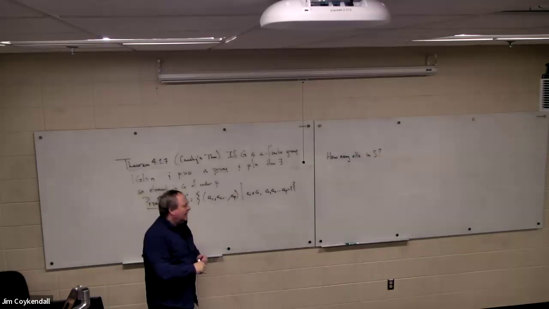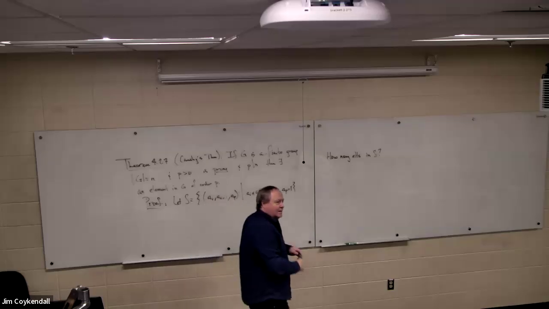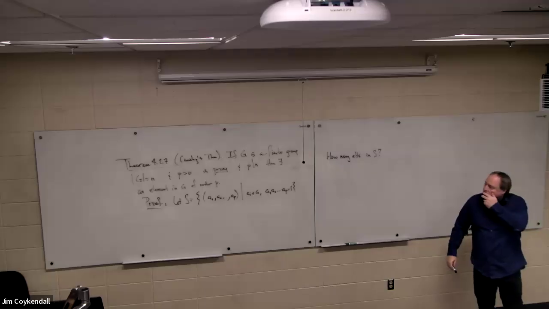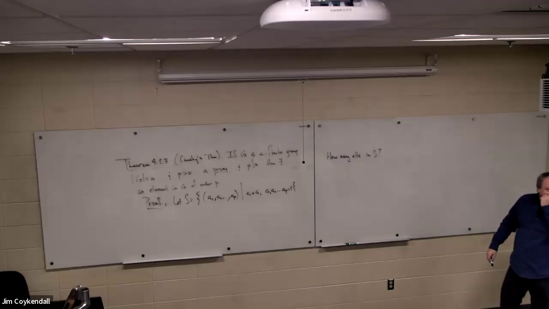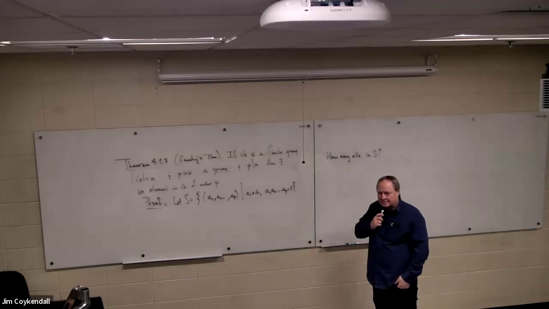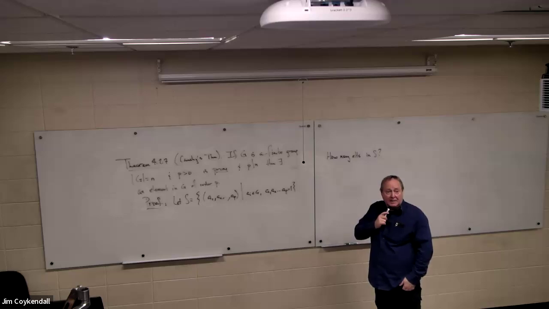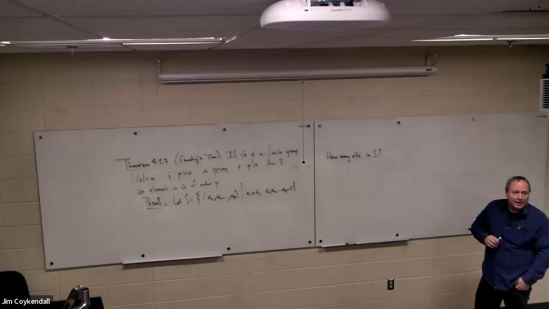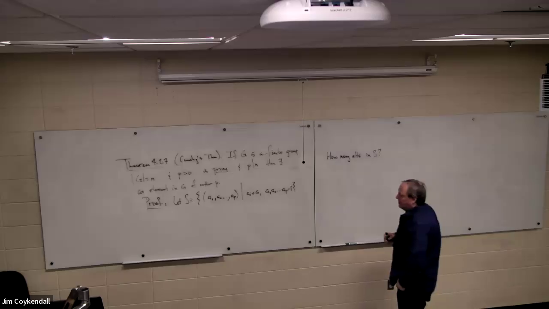Well, anybody think of a way to count these? Is it p? Well, all we know about p is that it's a prime, and yes, p is going to factor into this because I have p coordinates.